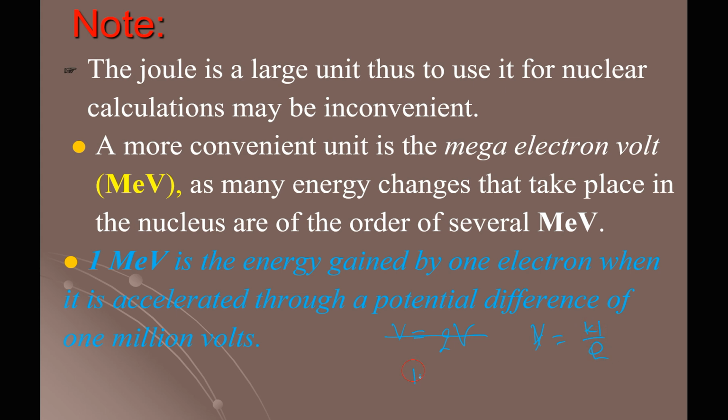So it means the energy is equal to the charge times V. But this time it is 1 electron, and the potential difference is 1 million volts.